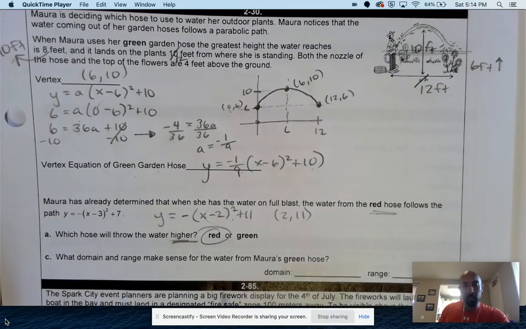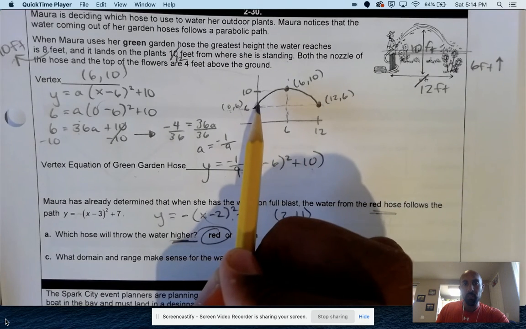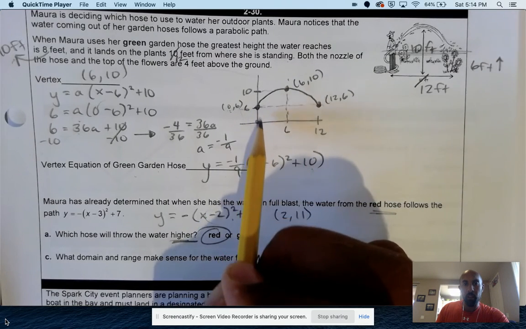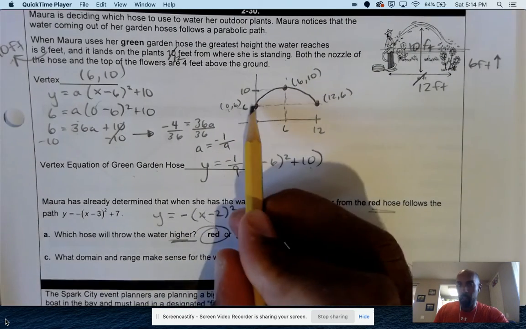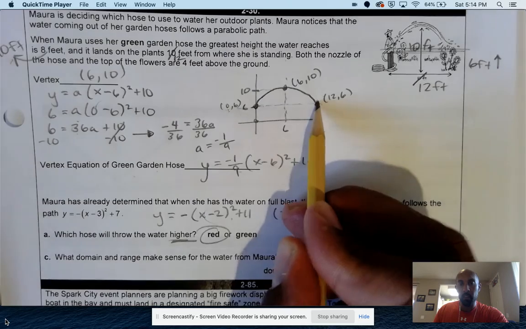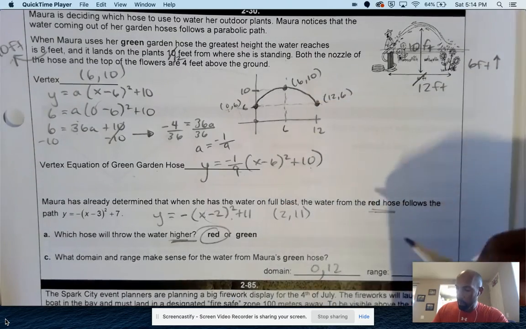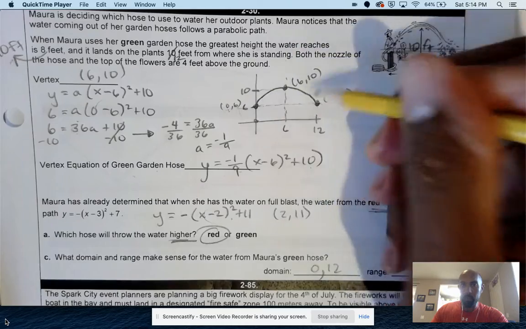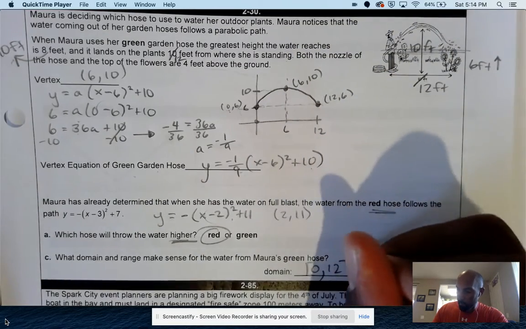Now what's the domain and range for the green hose? Well, I have to go back to this graph. It starts over here at the left on the y-axis, so the x value to the left is 0. And then the limit to the right stops over here at this dot, and that x value is 12. We want to include those because that's the starting point and the ending point, so we'll use a bracket.